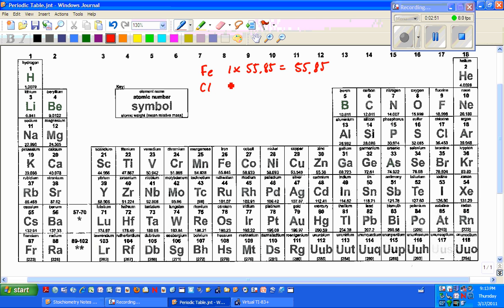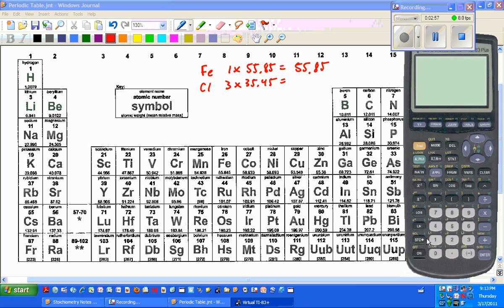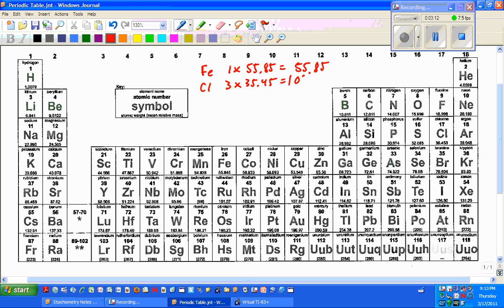And then for bromine, I've got 3 of them, so it's 3 times 35.45, which is going to be equal to 106.35.